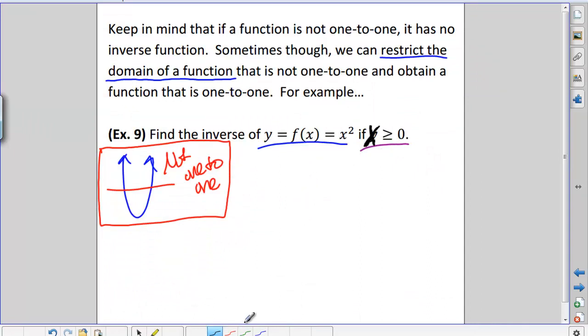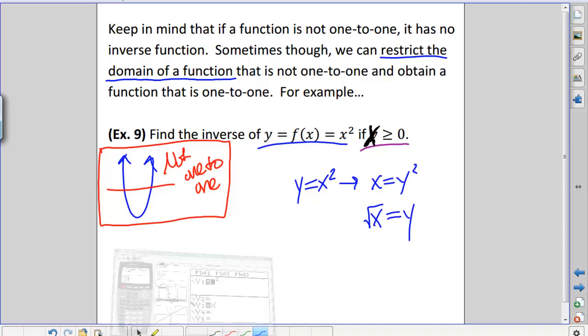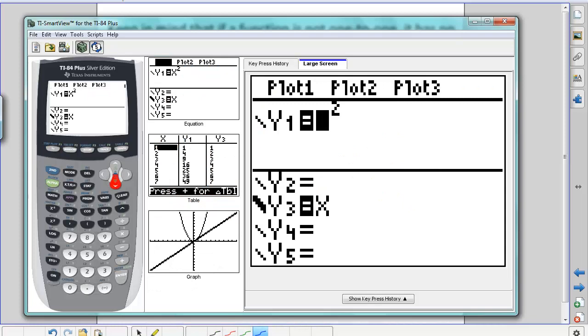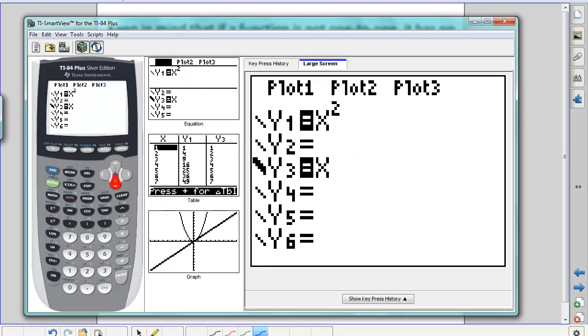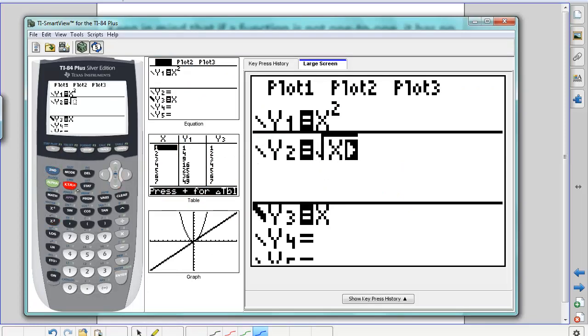So now we can say, all right, it's one-to-one now, so the inverse function, if y is x squared, well then that means that x is y squared for the inverse, and we get that the square root of x is the inverse function. And we can take this then and do a square root of x.